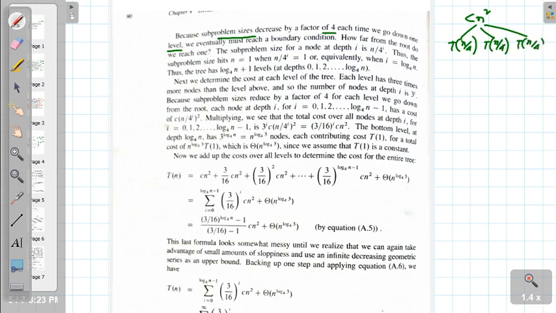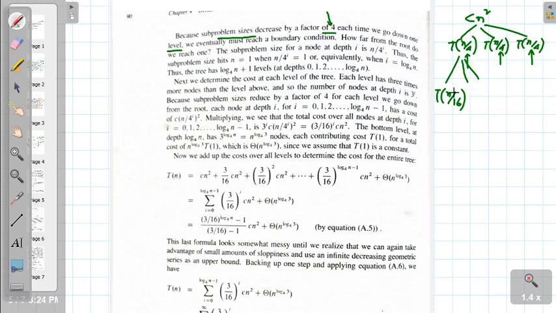In the next level it will be T of n by 16. So it is again decreased by a factor of 4. The subproblem sizes decrease by a factor of 4 each time we go down one level.